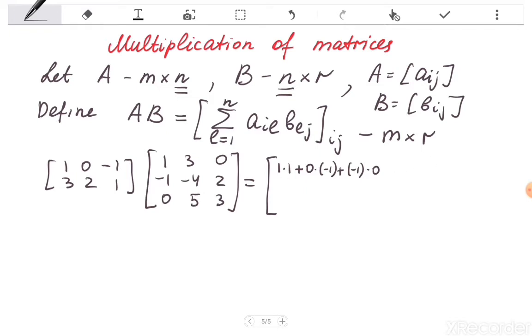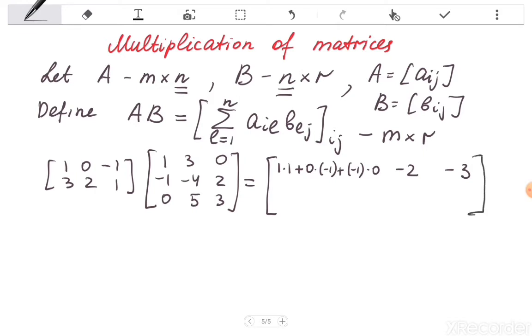Now to get the second term, we multiply the same way the first row by the second column. So this is 1 times 3, 0 times minus 4, minus 1 times 5, and add everything. So 3 plus 0 minus 5 will be minus 2. Again, to get the third element of this matrix, we multiply the first row by the third column. So 1 times 0 is 0, plus 0 times 2 is 0, minus 1 times 3 is minus 3, so overall it's minus 3.